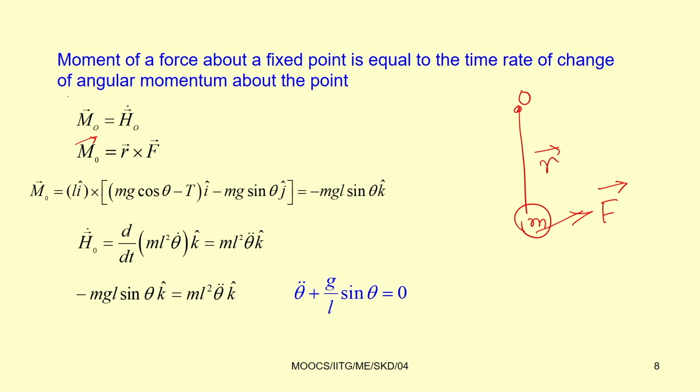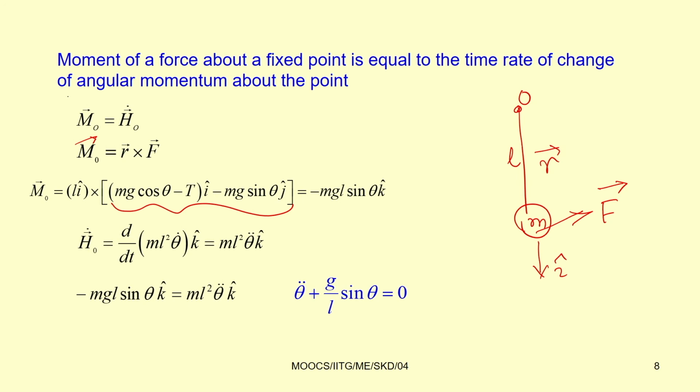The length is L along the direction i, so r equals L i. F equals mg cos theta minus T i minus mg sin theta j.